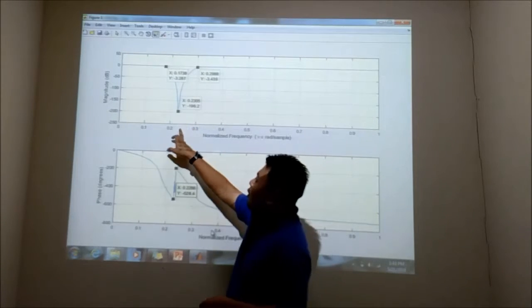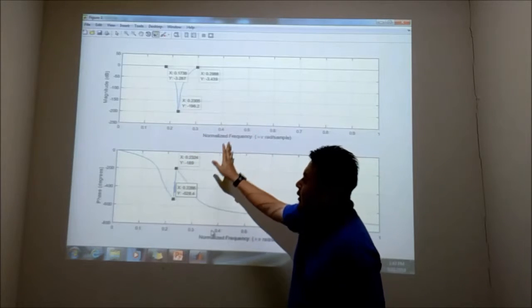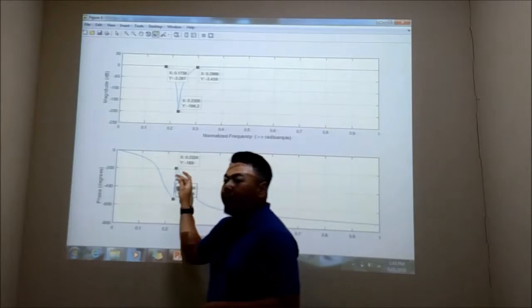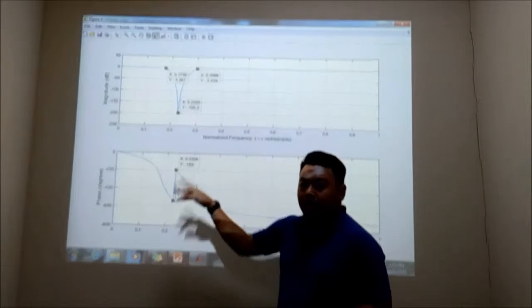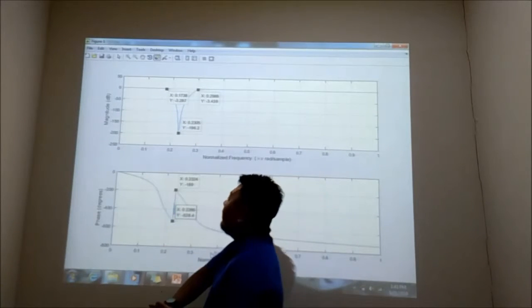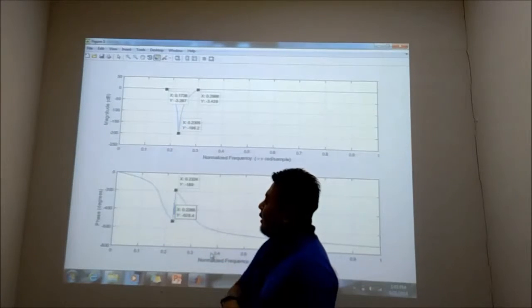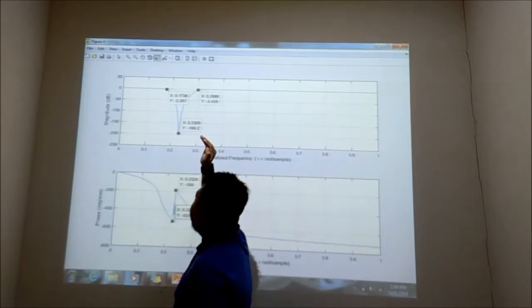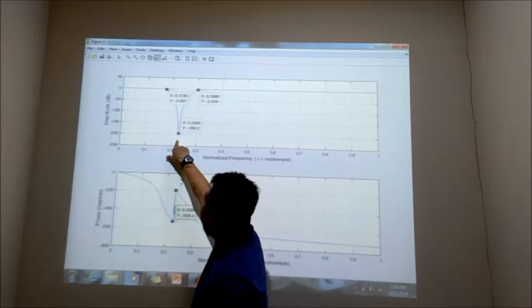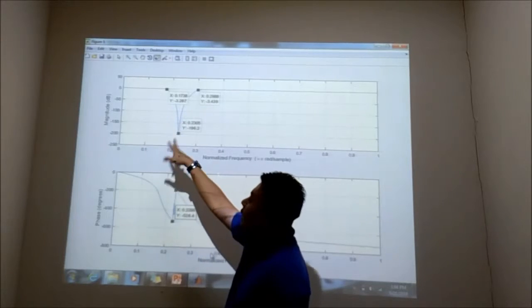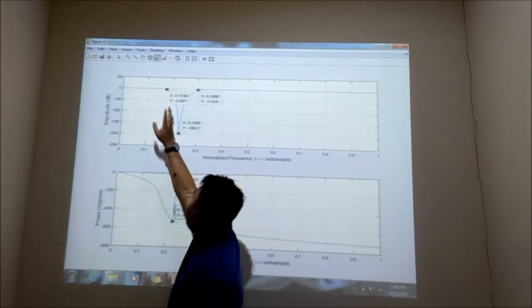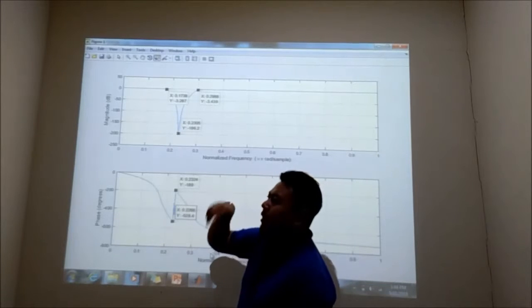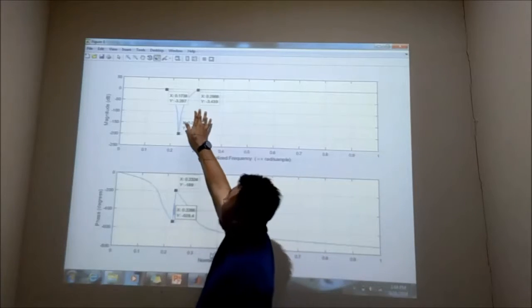Okay, for the magnitude, we can see that this result shows a band stop filter. Actually, the signal shows a band stop filter. And the formula is actually the same. With this result in magnitude, we can get the lower cutoff frequency here and a high cutoff frequency here.